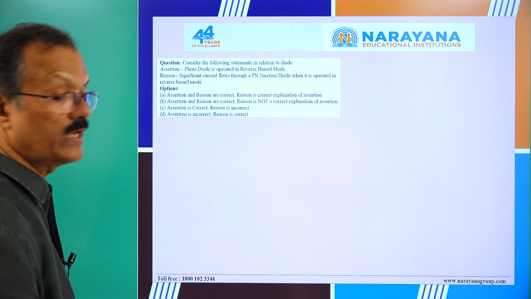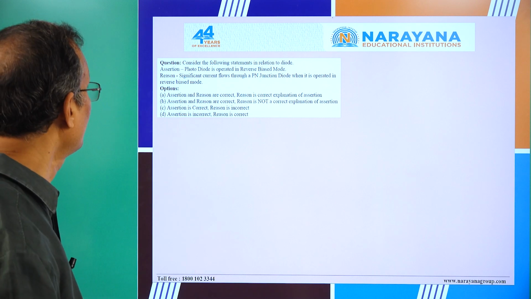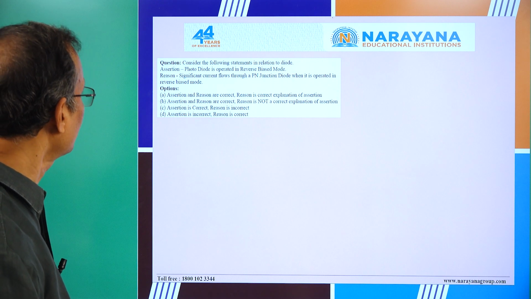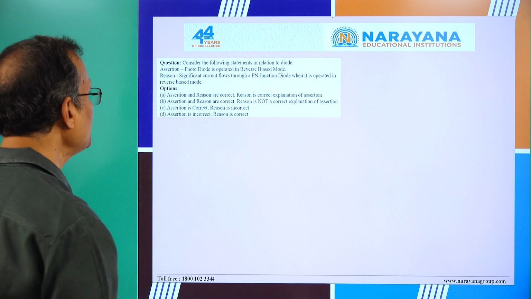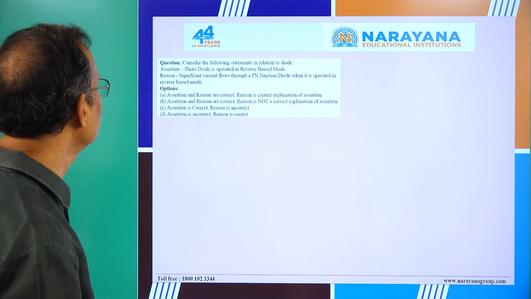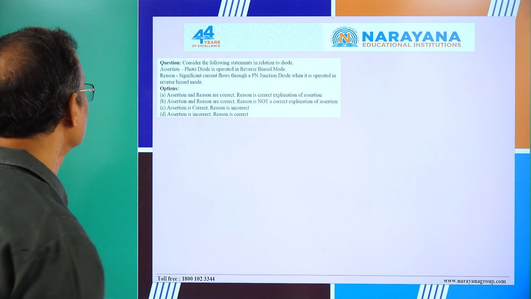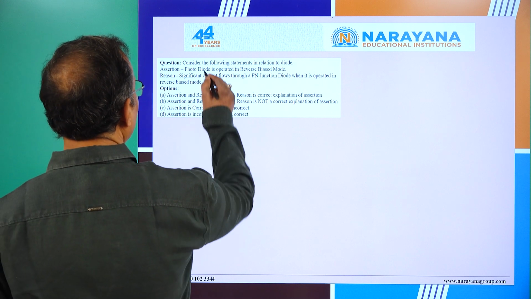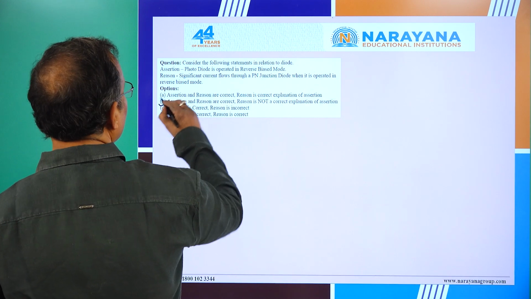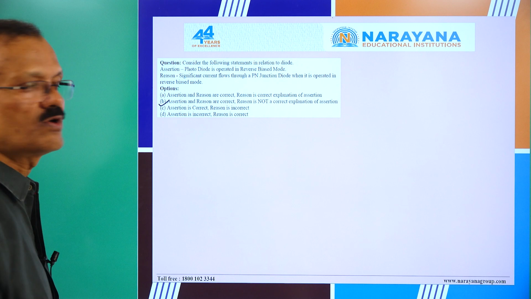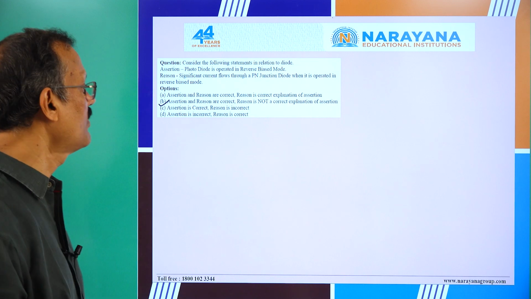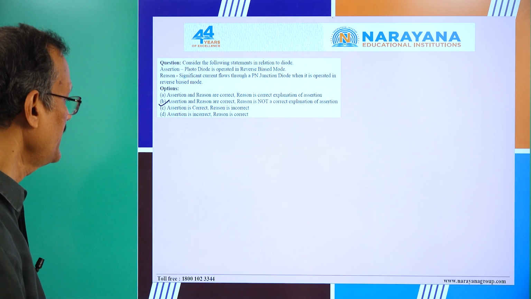Even your photodiode works in reverse bias mode. So both statements are correct, but I feel that the reason is not the correct explanation of the assertion. So the answer will be both are correct, but the reason is not the correct explanation for the assertion. Answer will be B.